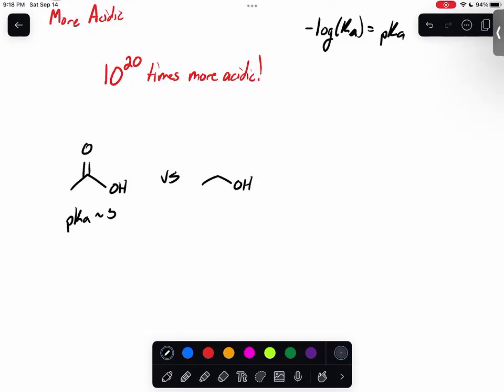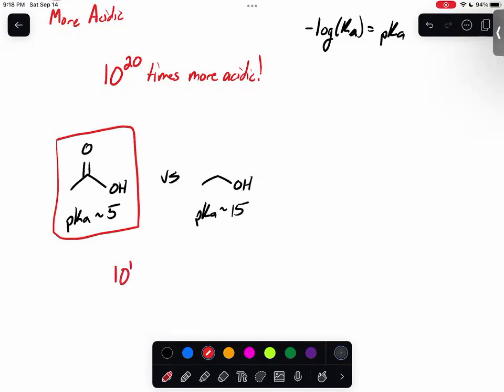A carboxylic acid has a pKa of 5. We just described that this alcohol has a pKa of about 15. And so we know this is more acidic, and 15 minus 5 is 10. So this is 10 to the 10 times more acidic. So it's a very large amount more acidic.